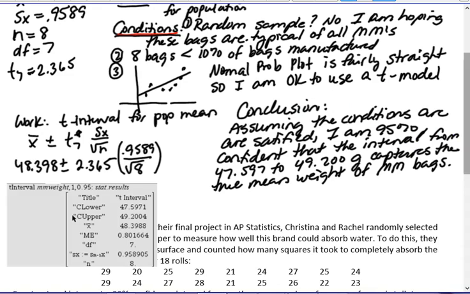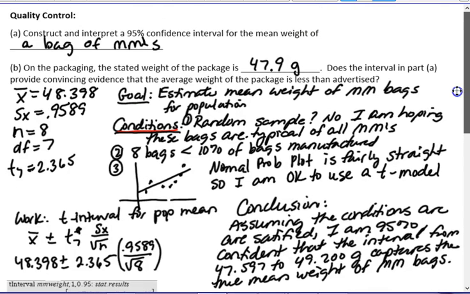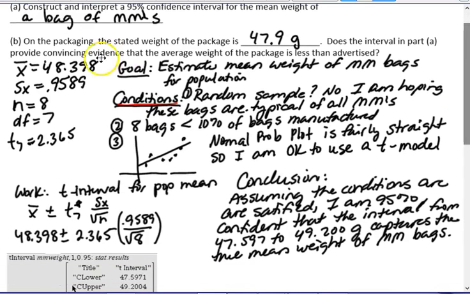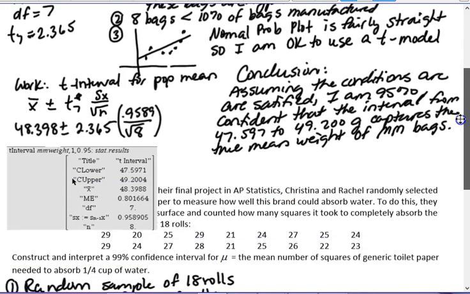Now, I was asked to use my interval to comment: does the interval provide convincing evidence that the average weight of the bag is less than advertised?